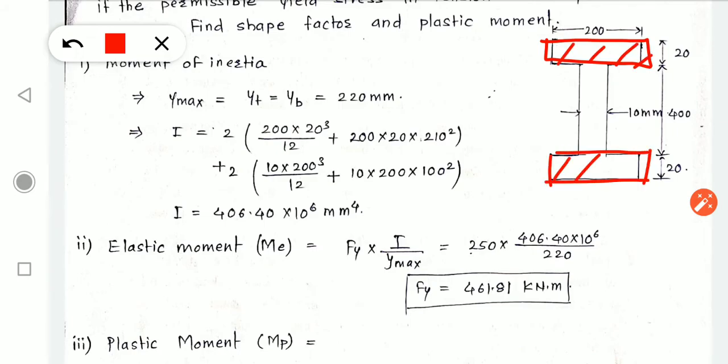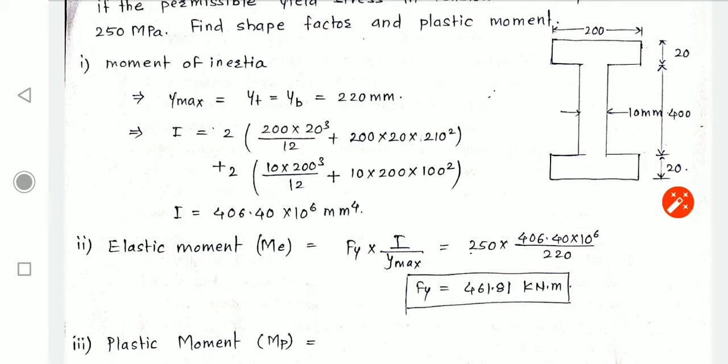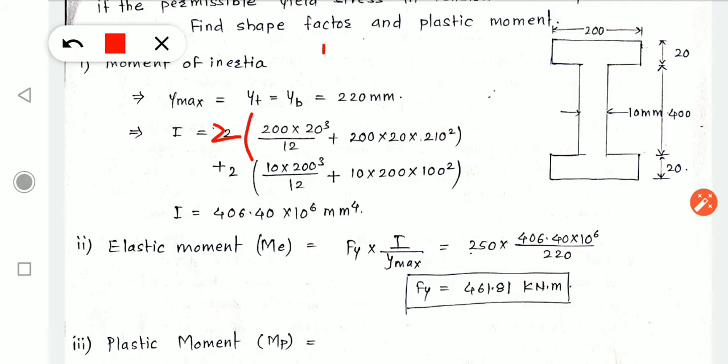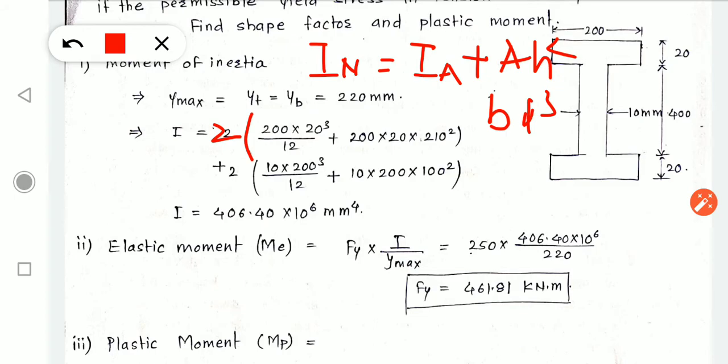I will analyze it for one section and multiply it by 2 so that both sections get covered. Therefore I wrote twice of: I at neutral axis equals I at own axis plus area into h square. First is the I for this rectangular section, bd cube by 12.